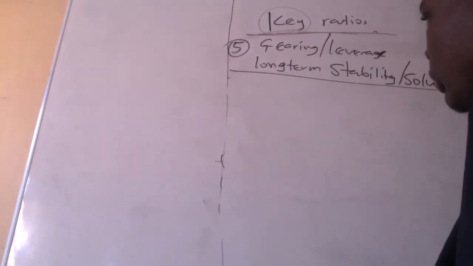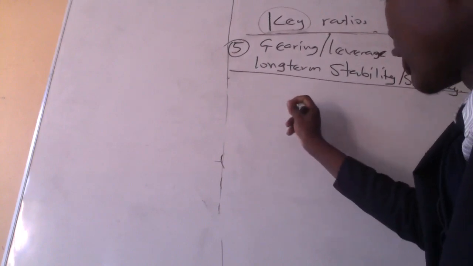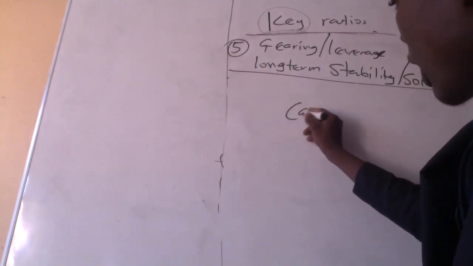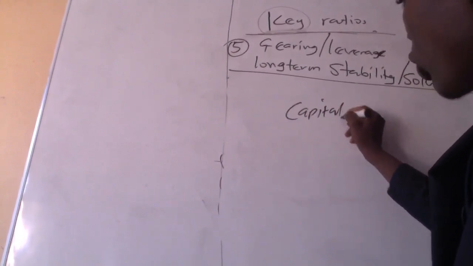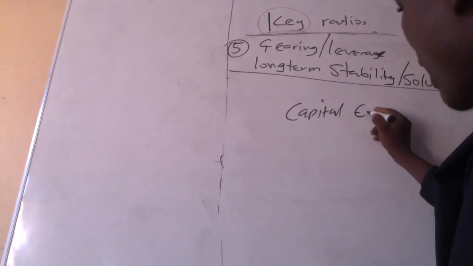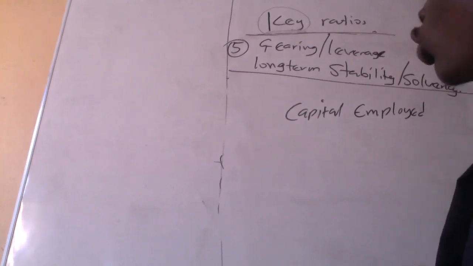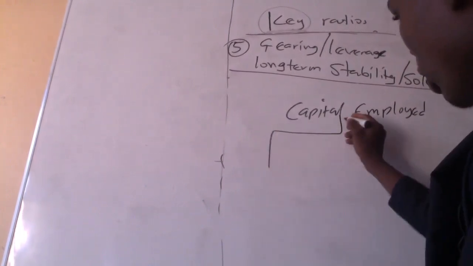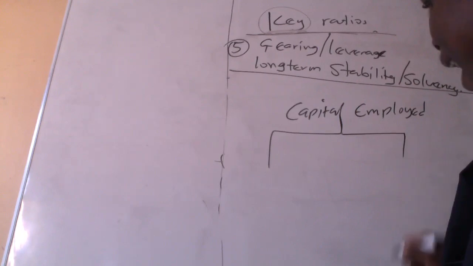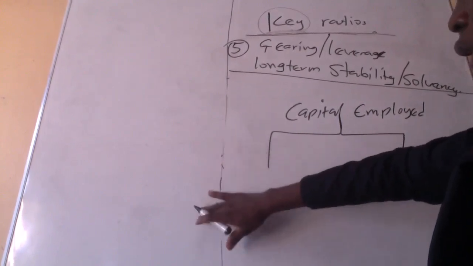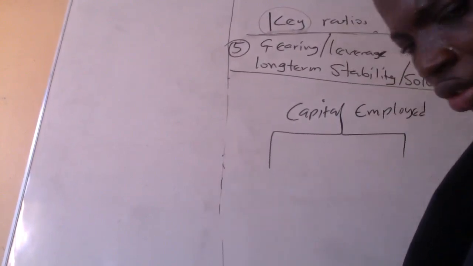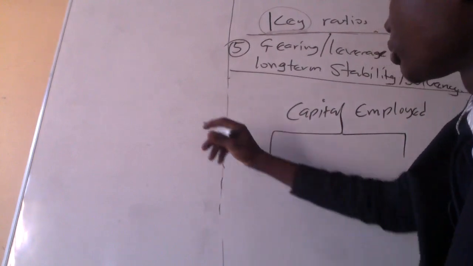So take note. Now the capital that I have to employ, the capital employed of every organization, can take two forms. Maybe I am in the printing industry.